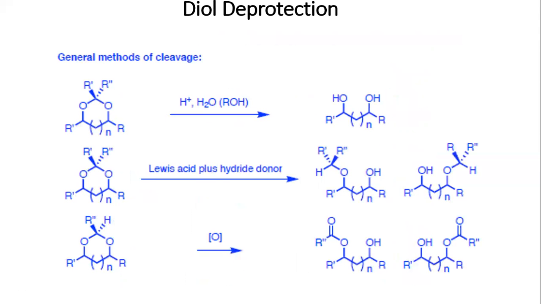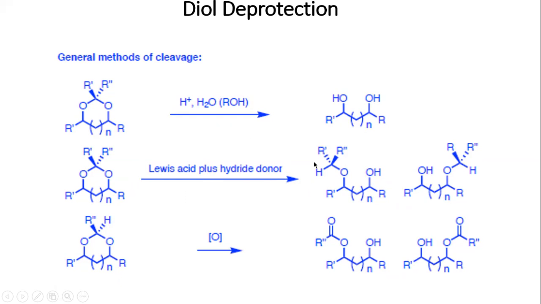All right. And if you want to remove them, then normally it's like some type of acidic cleavage to take off the acetonide. You can do some type of acid, some acid source, or you can use a Lewis acid and a hydride. So you can use something like Red-Al or DIBAL or some Lewis acidic hydride donor.